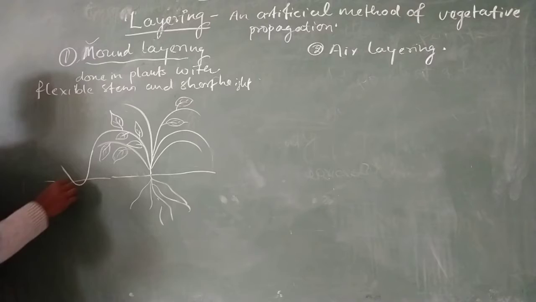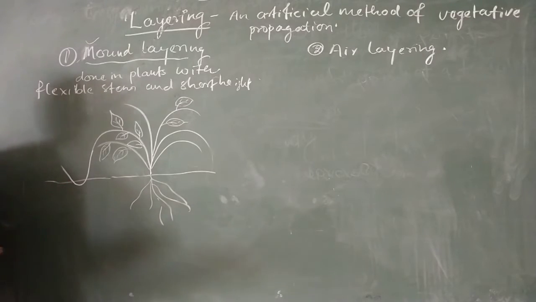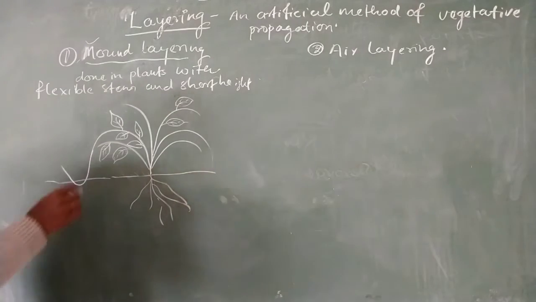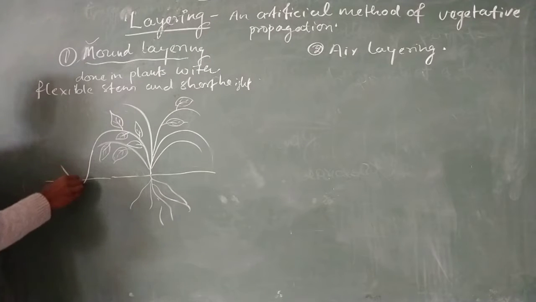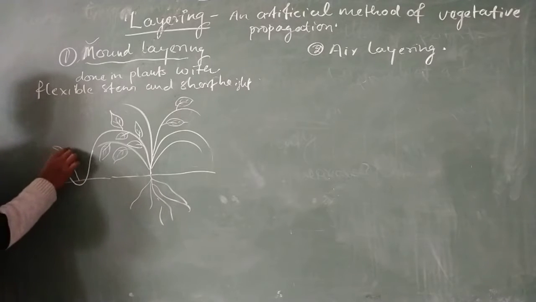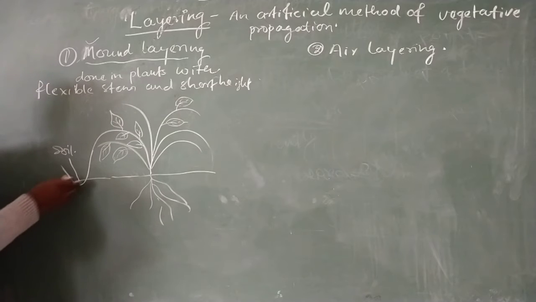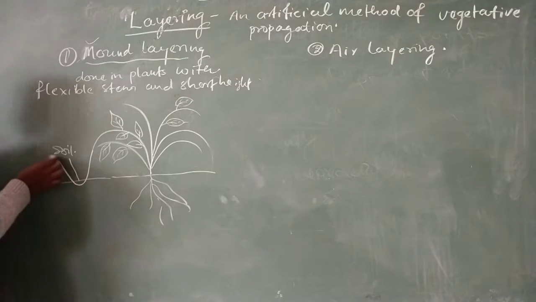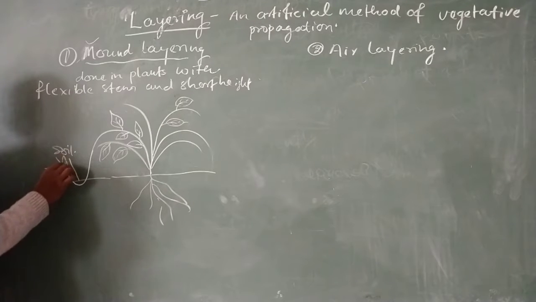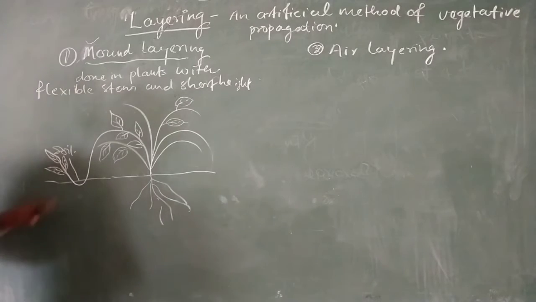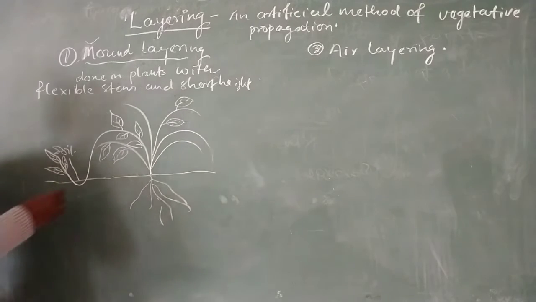It is necessary to depress it in the soil. It means by making a dig over the soil surface, we put this part of branch, and then it is covered with the soil. The soil covers this branch, and the remaining part of this branch becomes free. Suppose this is the part of the root plant.